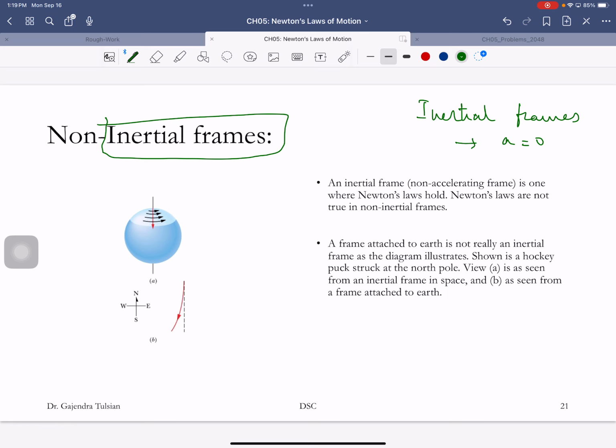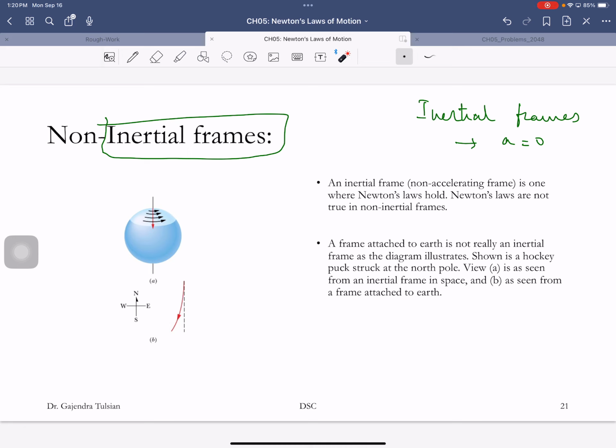Okay? So here's an illustration. So imagine the following. Let's say Santa Claus is playing hockey and he hits a puck. Now, to observe the non-inertial behavior, you have to observe this puck over a span of 1 to 2 hours. Okay? Now, let's say you're observing this puck, you're hovering in space, and you're at rest in the spacecraft, this puck to you will appear to be traveling straight.